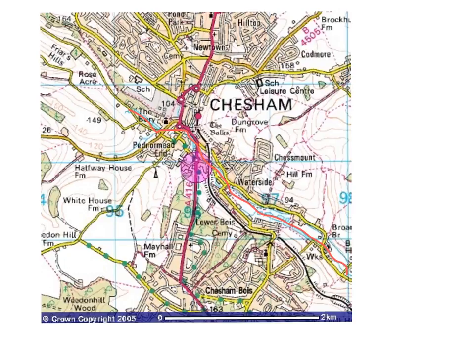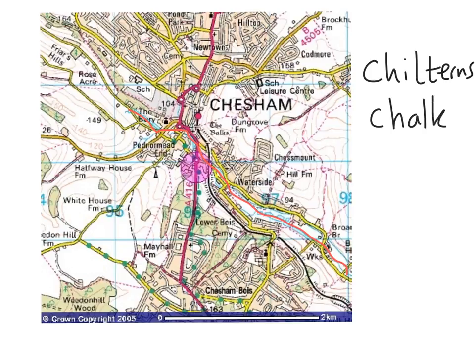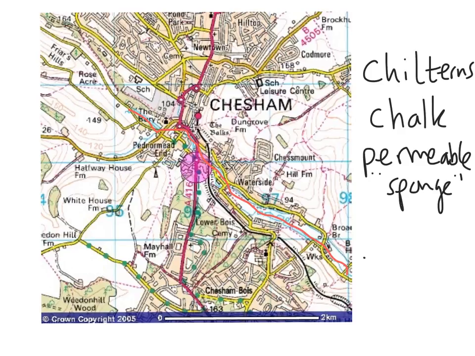The River Chess is the only river on this map, and that is because Chesham lies in the Chilterns, and the Chilterns is an area of chalk. Chalk is permeable. That means it acts like a sponge, and that means the water is absorbed into the geology here.